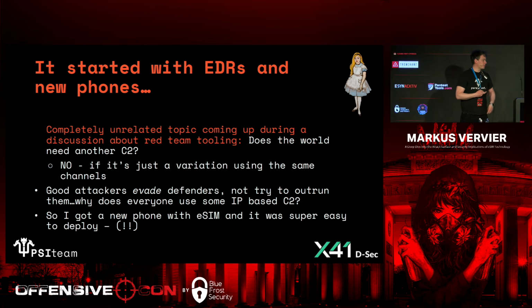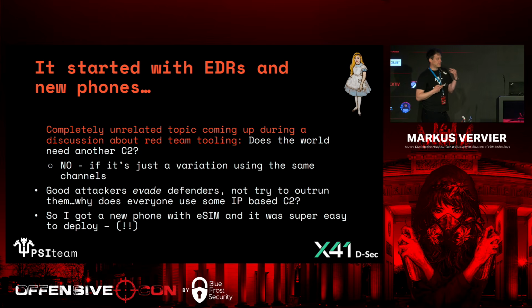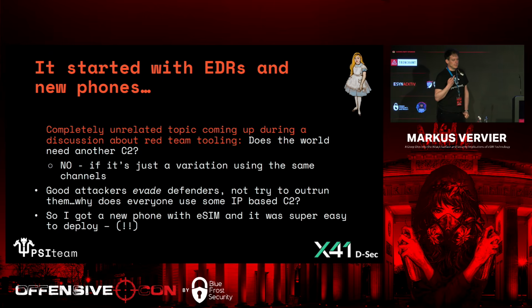So how did it come to this talk? It started in a discussion with some colleagues about, does the world need another C2? Is that actually needed? Because we see this cat and mouse game all the time, that we have some C2 having new obfuscation techniques, but the thing is, it all uses more or less the same transport mechanism and the same sort of transport network layer, and the EDRs are looking at that.